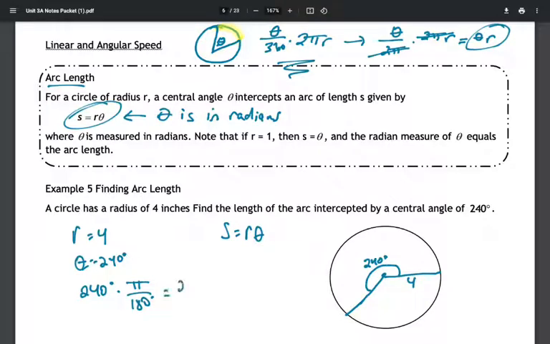And then if I multiply straight across, I get 240 pi over 180, which simplifies because 60 goes into both of those, so 4 pi over 3. All right, using my formula, R times theta, R is 4, and theta is going to be 4 pi over 3 in radians. So that's equal to 16 pi over 3.